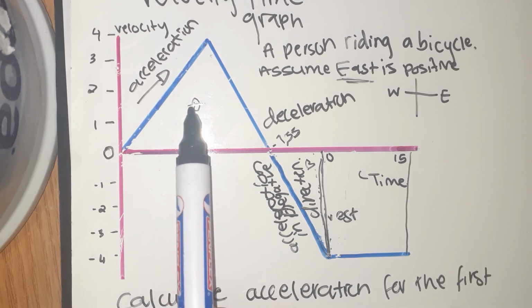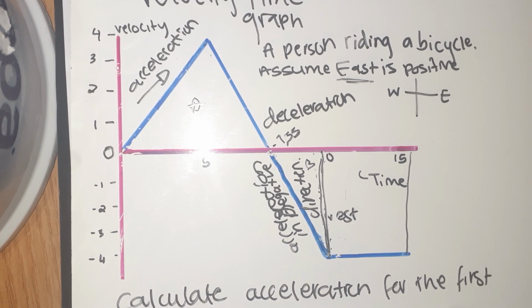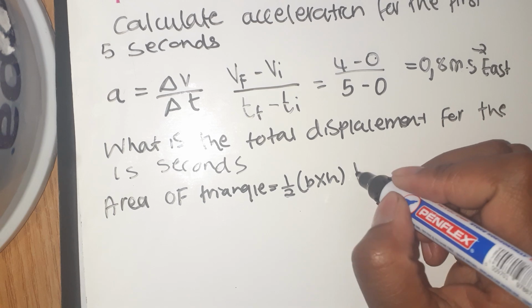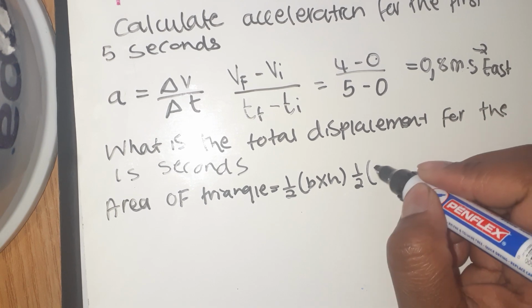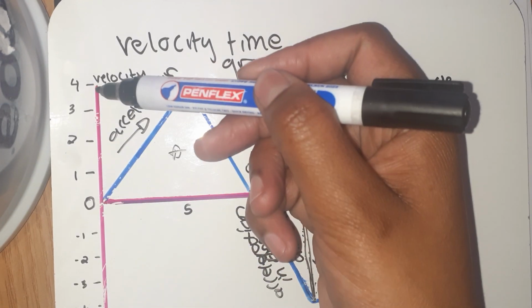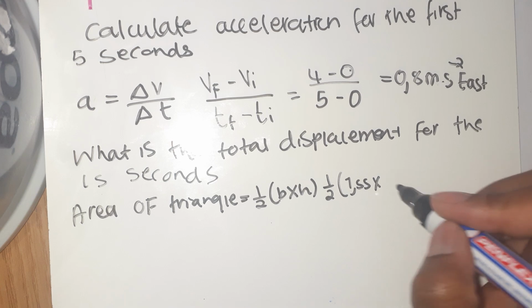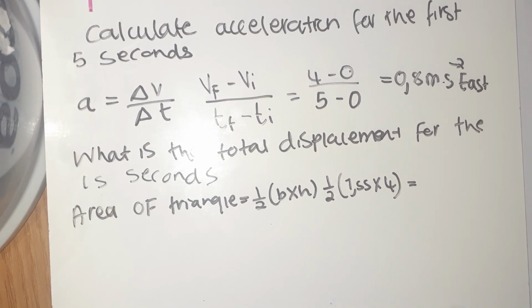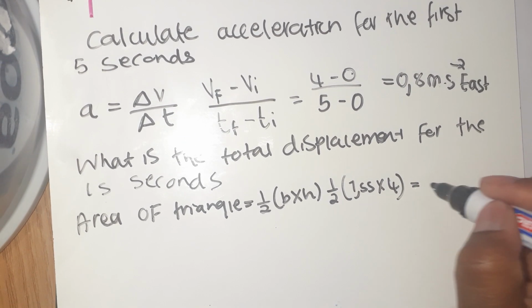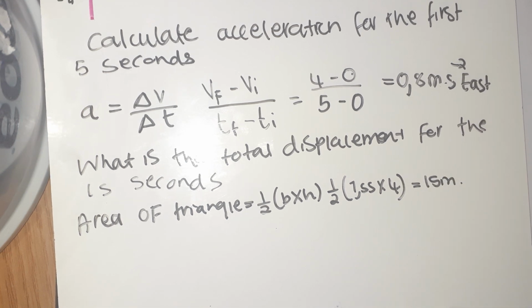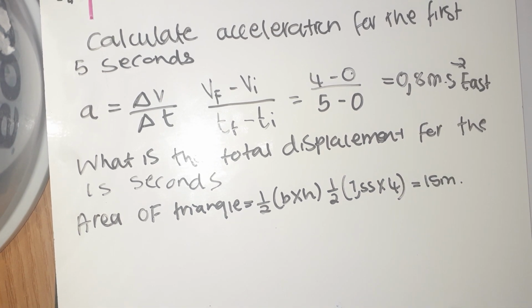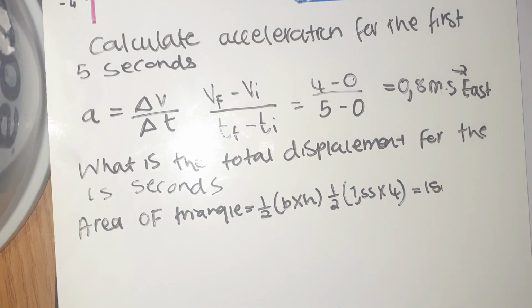The breadth will be from here to here, that is the breadth of the triangle. So we'll have 1/2 times 7.5 times the height, which is from 0 to here, so it's 4, and that will give us 15 meters squared.